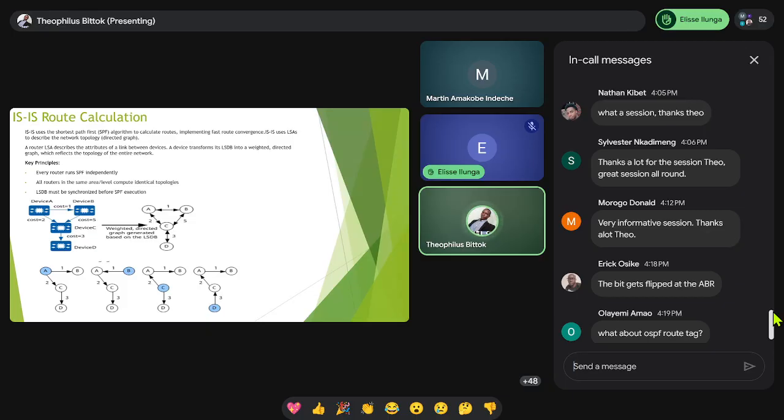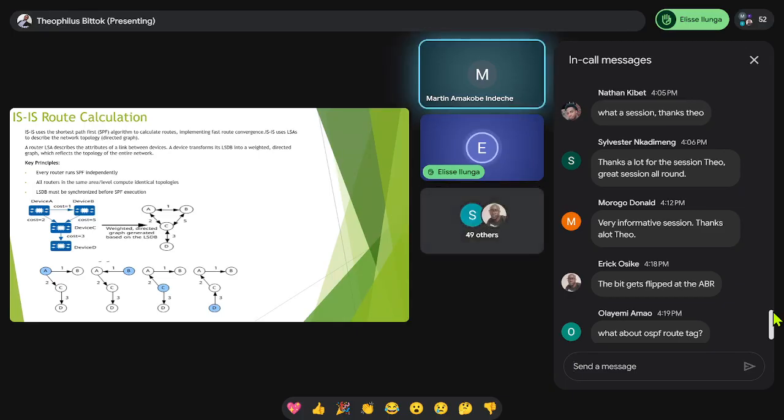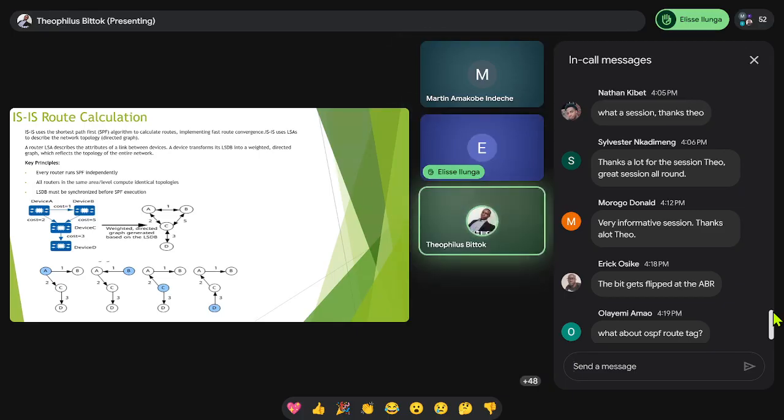But OSPF is going to do a recalculation afresh on all the links, despite the fact that maybe they were not affected. The incremental feature makes your CPU utilization a bit lower compared to OSPF.